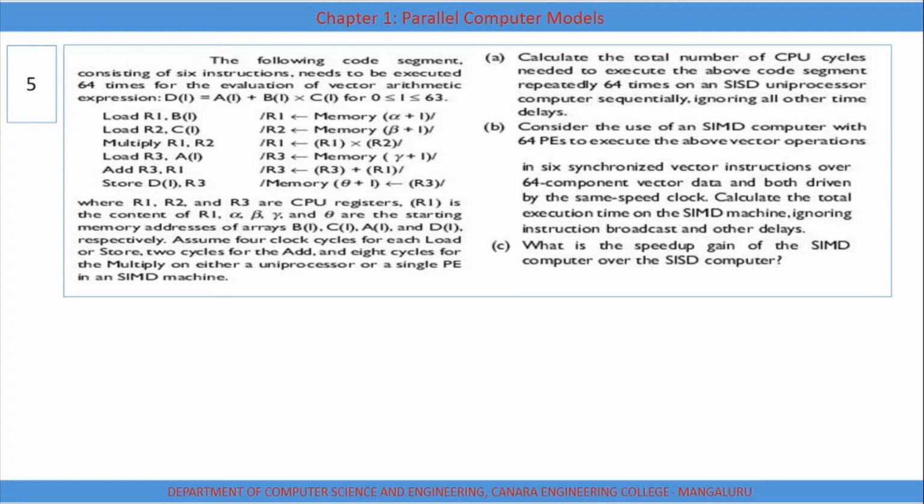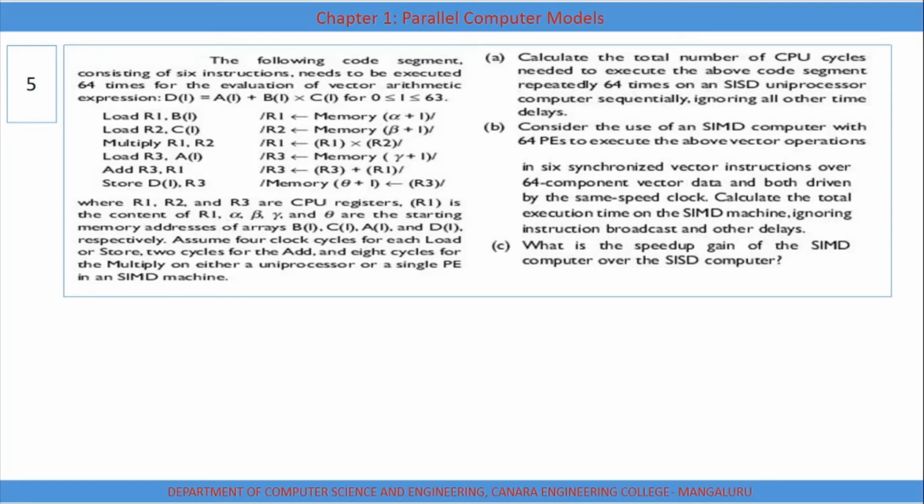The first statement is load R1, B(I). Second statement, load R2, C(I). Then it performs multiplication, multiply R1, R2. Then load R3, A(I). Add R3, R1. And finally store the resultant value R3 in D(I).